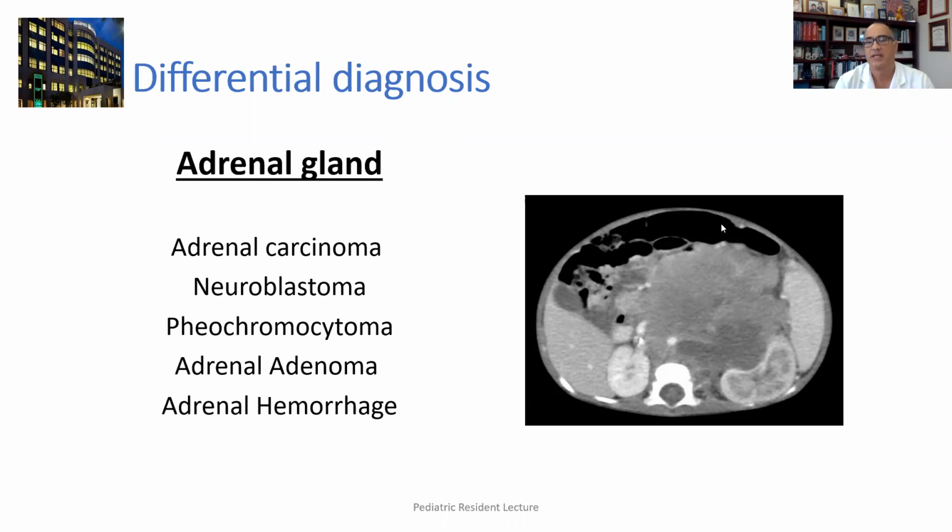So adrenal glands, well, the most common one that we see is the adrenal hemorrhage. It would be either trauma or neonates, and they can be significantly large, but we don't do anything for those. The next ones that we see more frequently would be the neuroblastoma, and everybody rotating through us has been exposed to that.